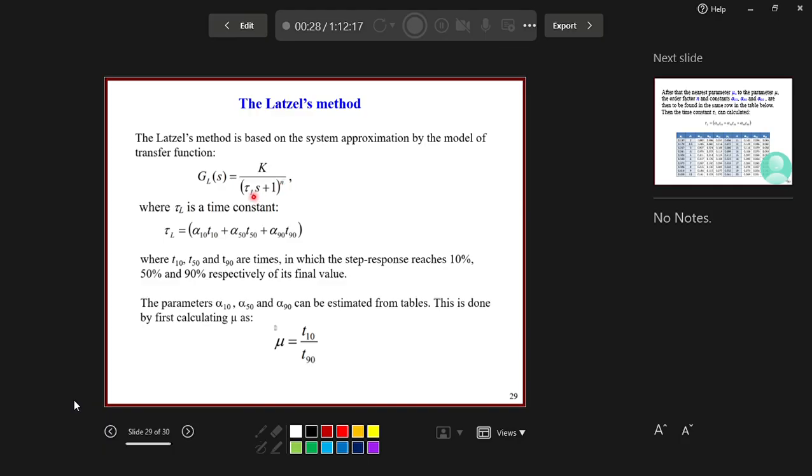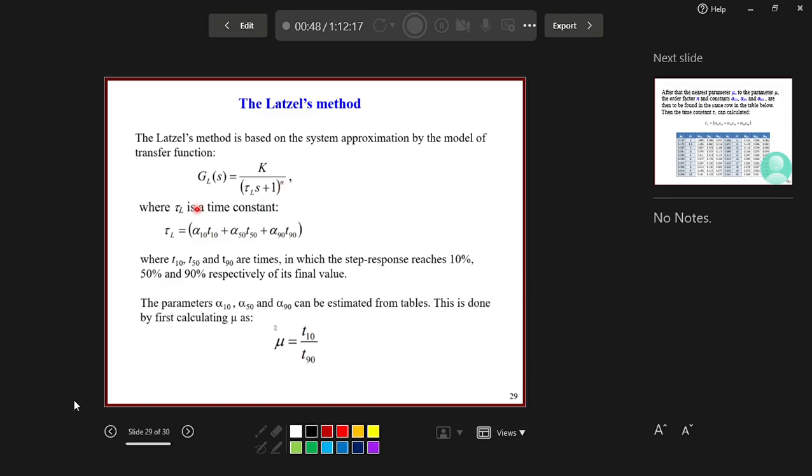We call it tau L just to differentiate it from the other time constant. Tau L here represents Latzell, but it is actually tau. So tau s plus 1 to the power n, where n can be any positive integer.